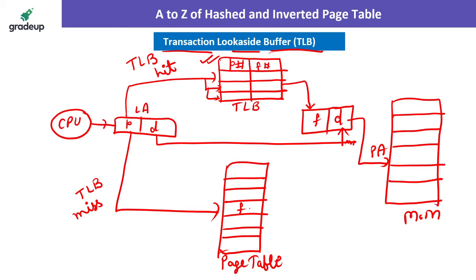Also, if I find F here, then I will take it out from here also. Then the complete will become your physical address. So this is the TLB. Okay. So any doubt if you have, please let me know.